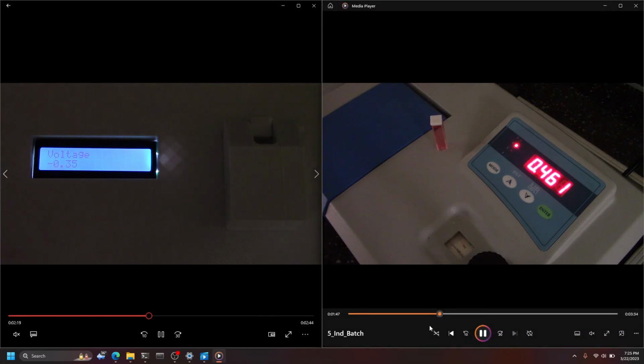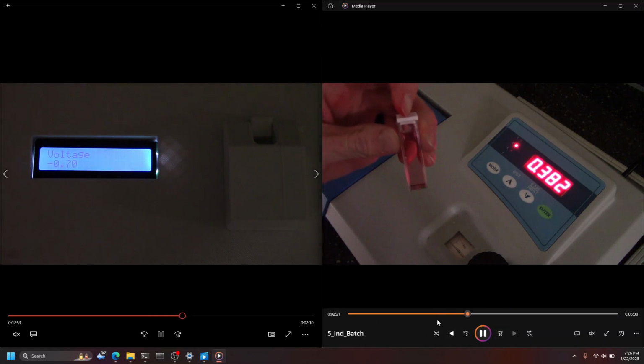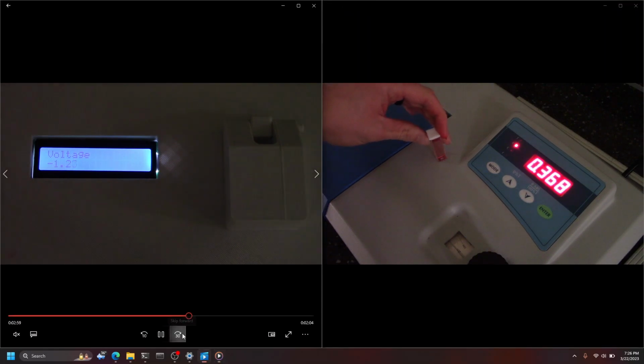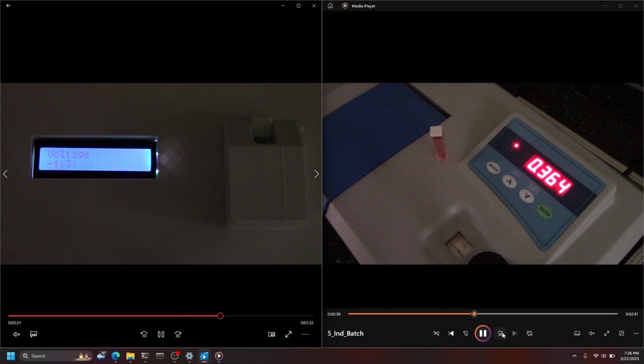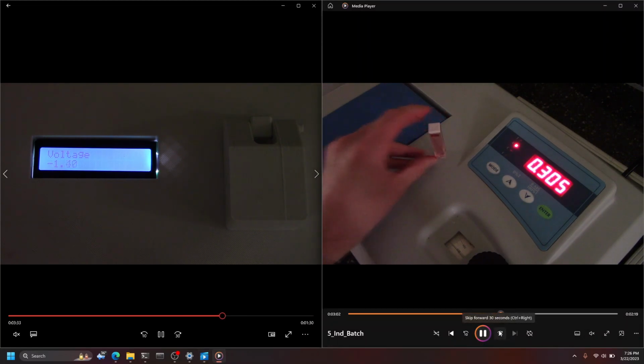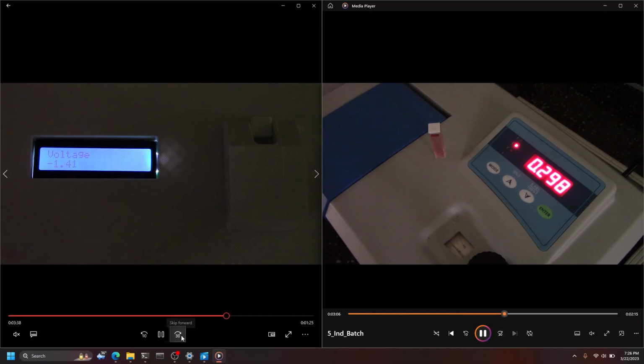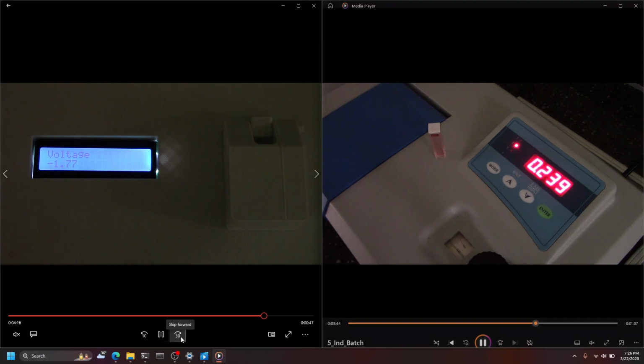So as we skip ahead here a little bit, in both of these videos, you can see that the voltage and the absorbance continually decrease as the sodium hypochlorite reacts with that red dye. Continue on a little bit more. That continues to decrease.